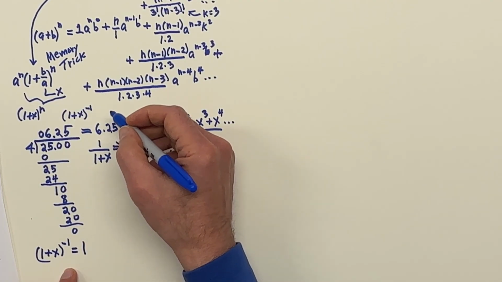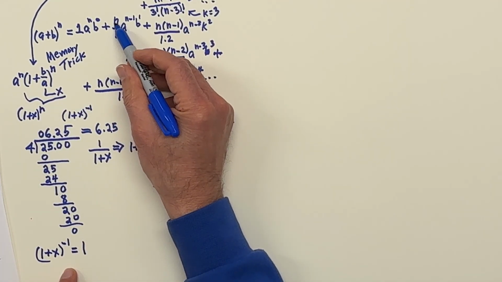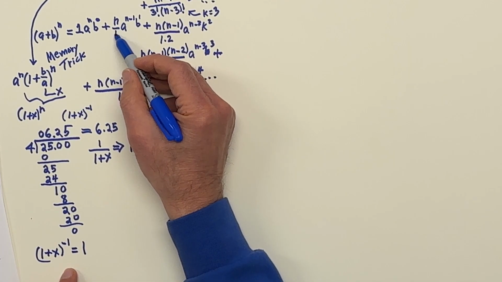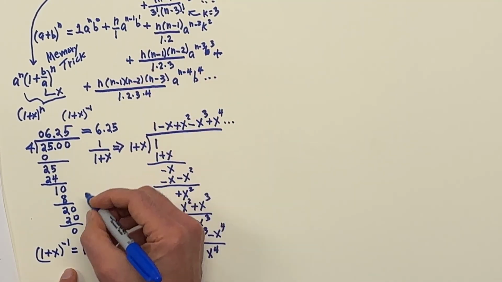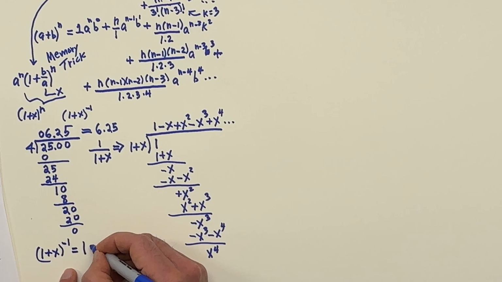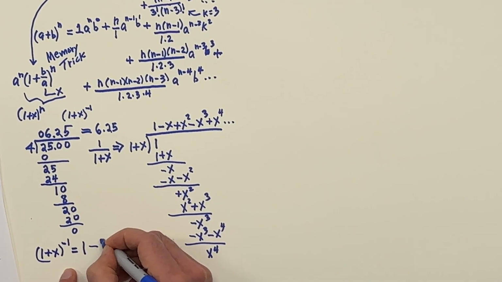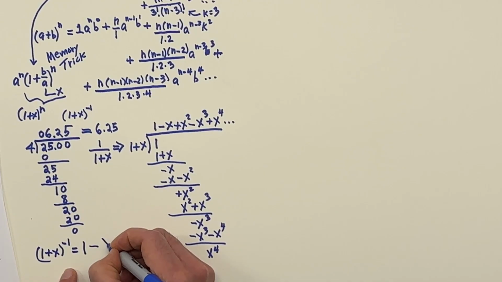Now the second term here would be, I would put the n down over 1. I count just using my prescription, counting backwards with just a 1 factor, so that would mean here I would have a minus x over 1.